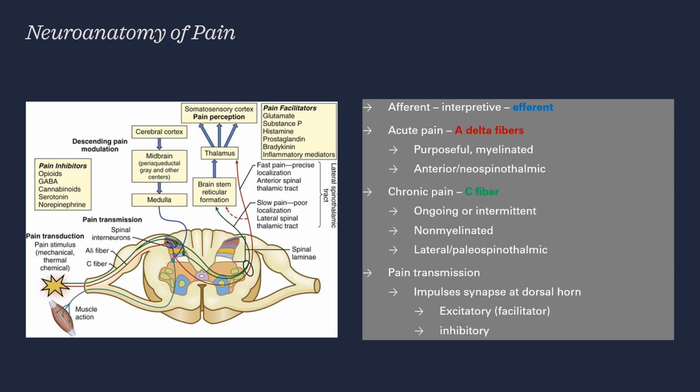These three substances are facilitators of pain stimuli and found in situations of inflammation. Inhibitors of pain include endogenous opioids, GABA, which is gamma-aminobutyric acid, endogenous cannabinoids, and some other feel-good neurotransmitters like serotonin.